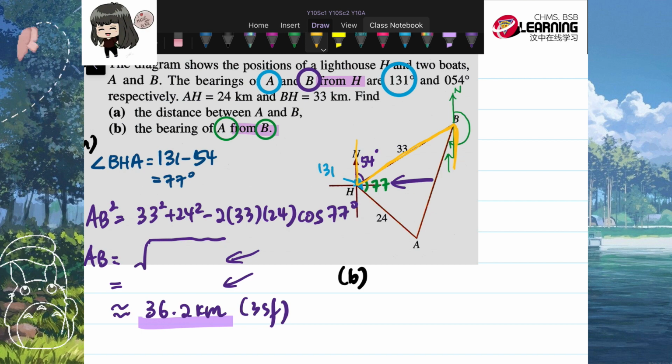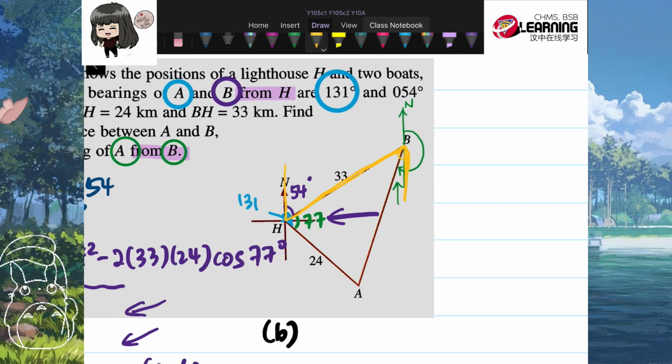So 54 is this until here. This 54, you need to minus the angle inside the triangle, the blue one, this one.